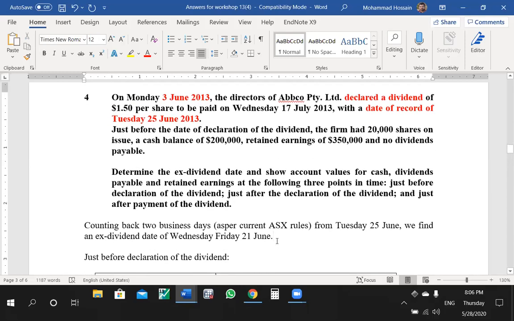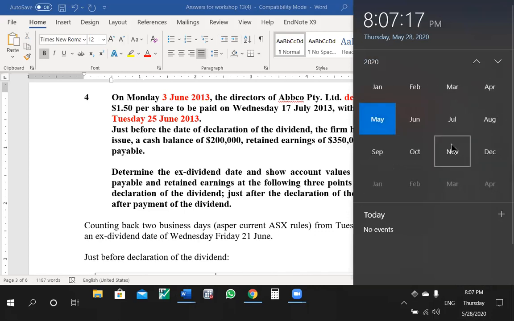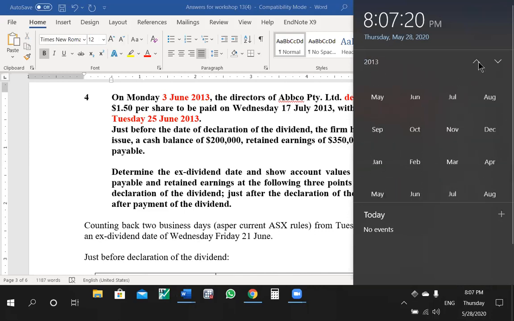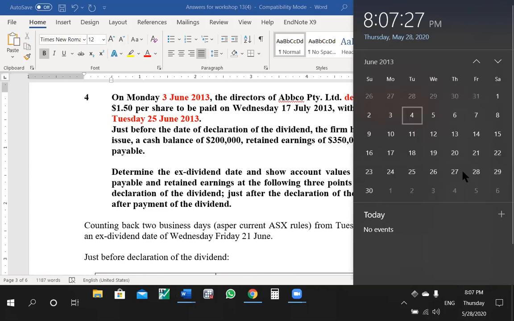So it will be 2 days before the date of record, 25th of June, Tuesday, right? 2 days before that will be which day? Sunday. We cannot take Sunday. So it should be on which day? 2 days before Sunday. Can you see my calendar here? Yeah, we can see it.